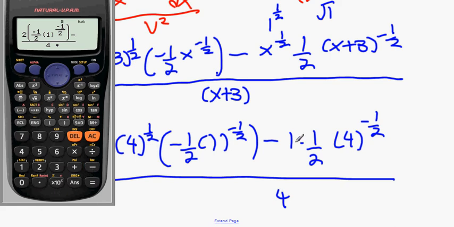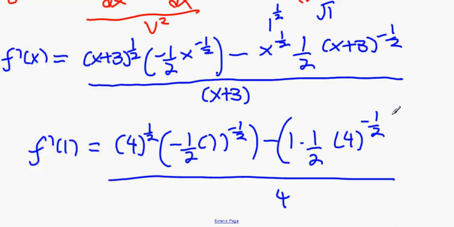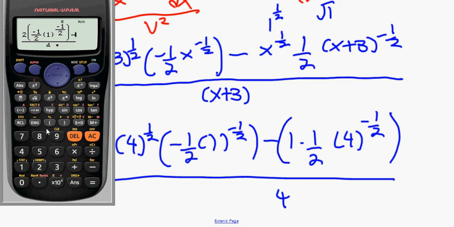Minus. Now, please remember, there's technically a bracket here as well. Okay, let's do another bracket there. Minus open bracket 1 times a half. Oh, sorry. I'm probably going to do 1 bracket a half. 1 bracket a half, that means 1 multiplied by a half, multiplied by 4 to the power of minus a half, bracket 4 to the power of minus a half.